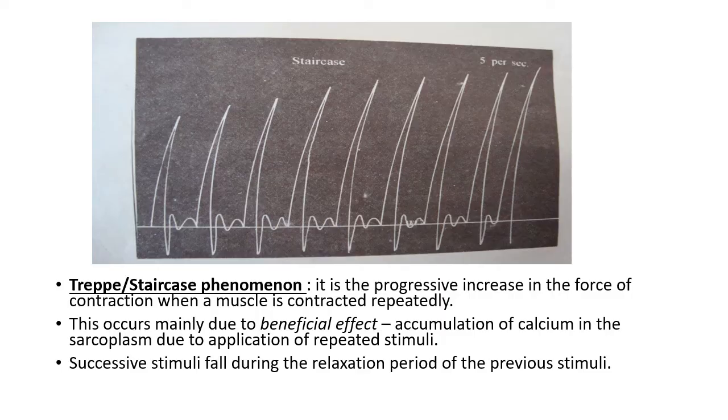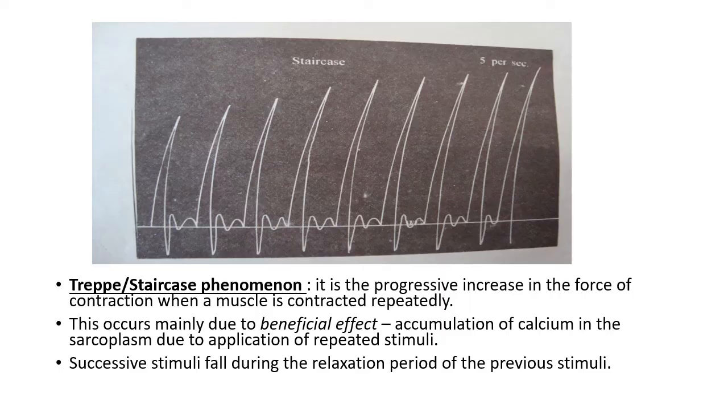And this occurs mainly due to beneficial effect, which is accumulation of calcium in the sarcoplasm due to application of repeated stimuli. And successive stimuli fall during the relaxation period of the previous stimuli. So what will happen? There will be gradually increased height of contraction, which you can see here.